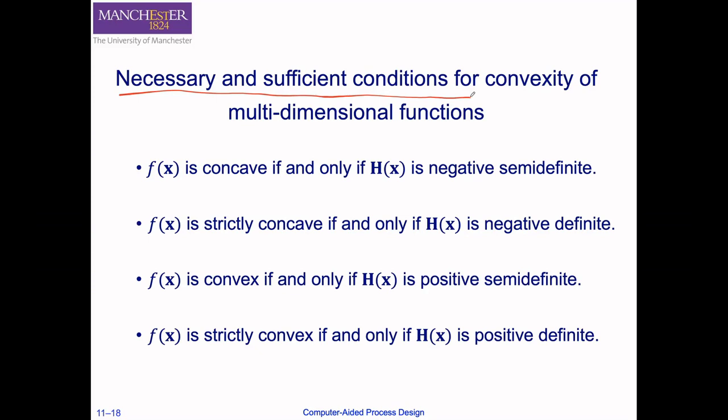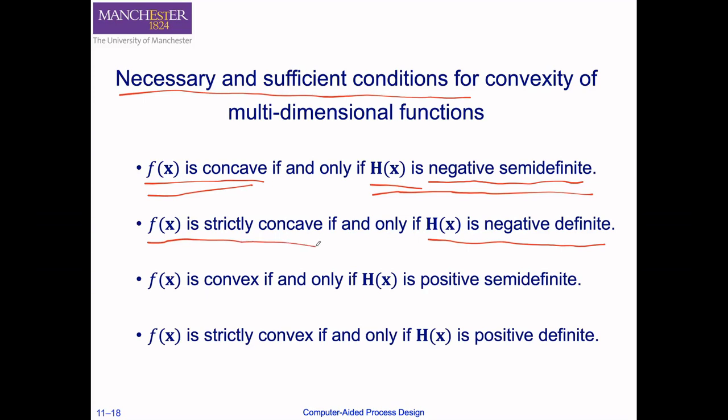If the Hessian matrix of this function f(x) is negative semi-definite, then this function is concave. If the function f(x) is concave, then the Hessian matrix is negative semi-definite. If the Hessian matrix is negative definite, then this function f(x) is strictly concave.